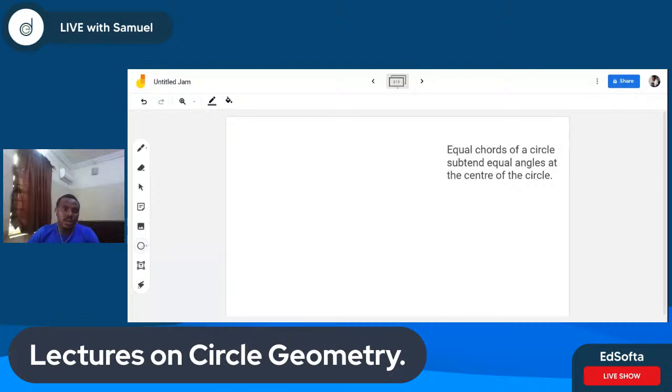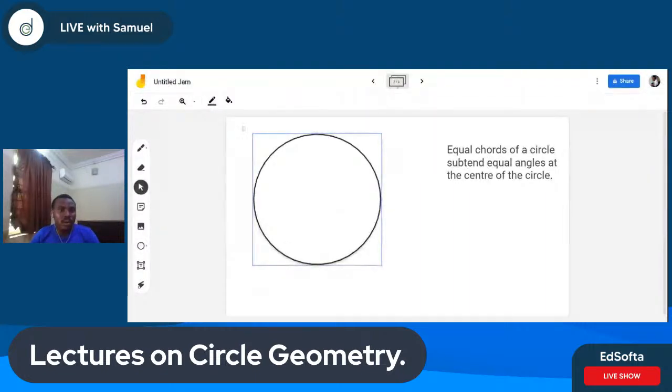So let's try it out. Equal chords of a circle subtend equal angles at the center of the circle. So this is going to be a bit hard to draw, but let's just follow.